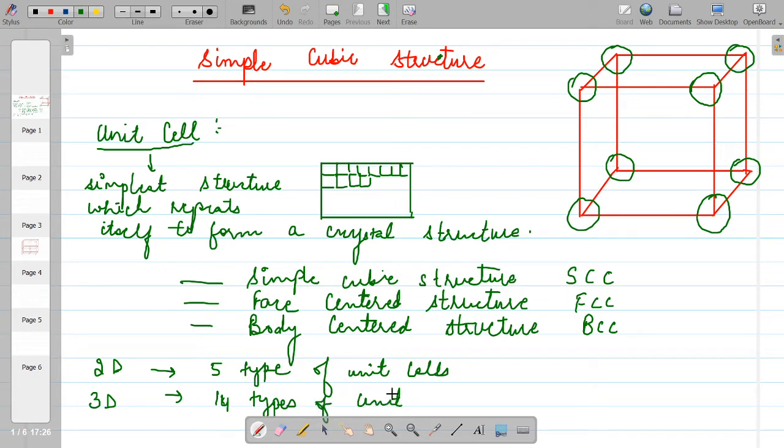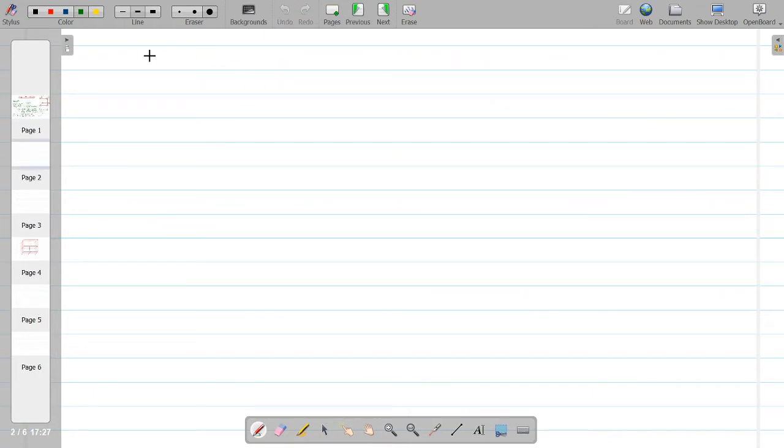Among these 14 types of unit cells, the most common unit cells are these 3. So in this video, we are going to discuss all the properties of one of these unit cells, that is the simple cubic structure. So let us start with the simple cubic structure.